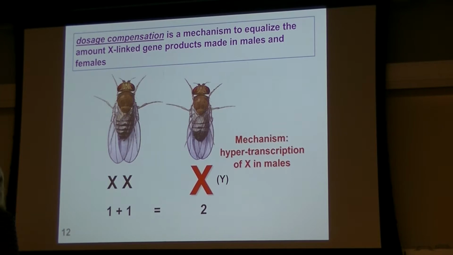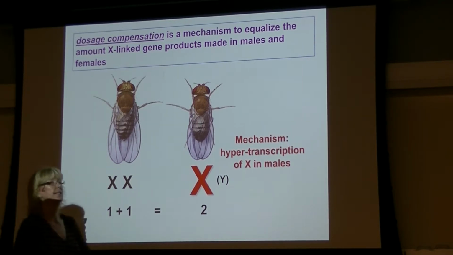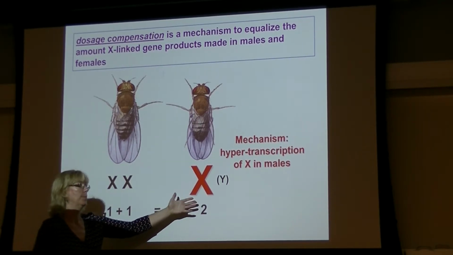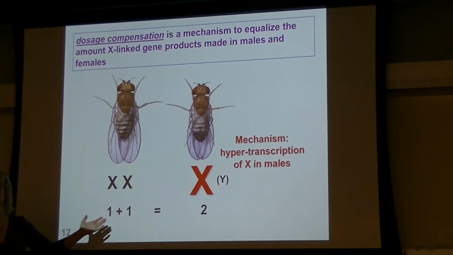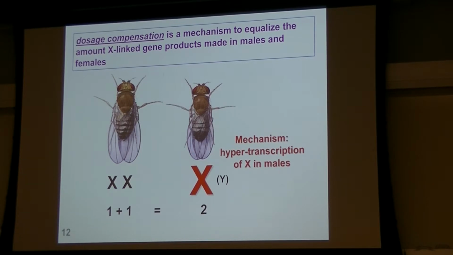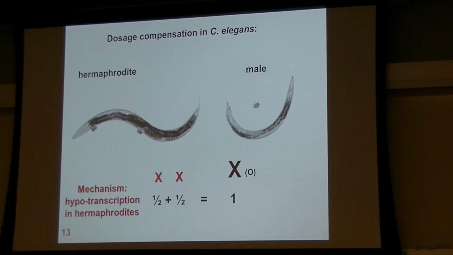So they actually get a double rate of transcription from genes on the X chromosome in the male genetic background. So that serves to give the increase in protein products so that these 2 can be equal. Does that make sense? It's kind of awkward to explain that for some reason today. Not enough coffee.